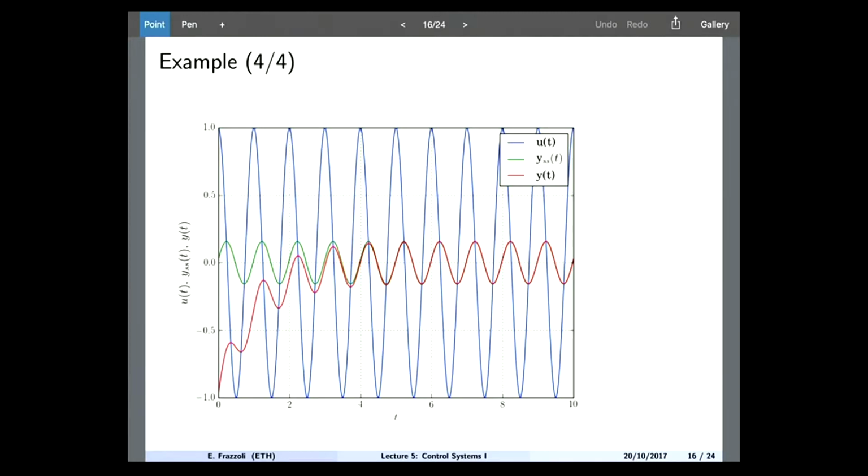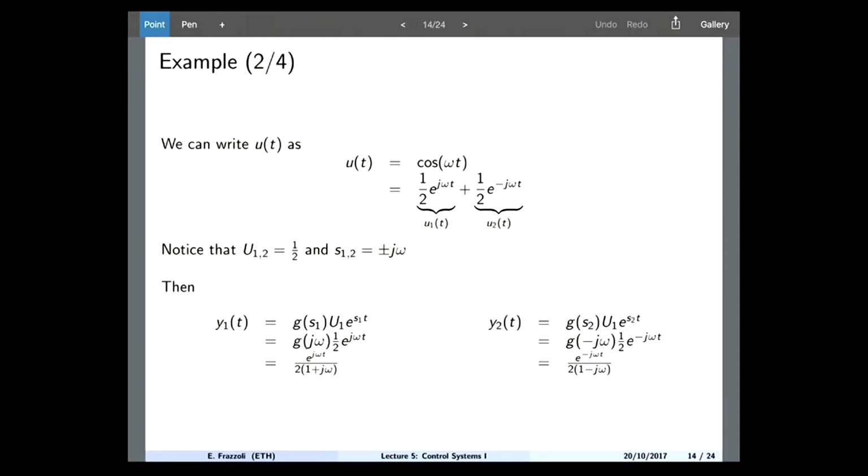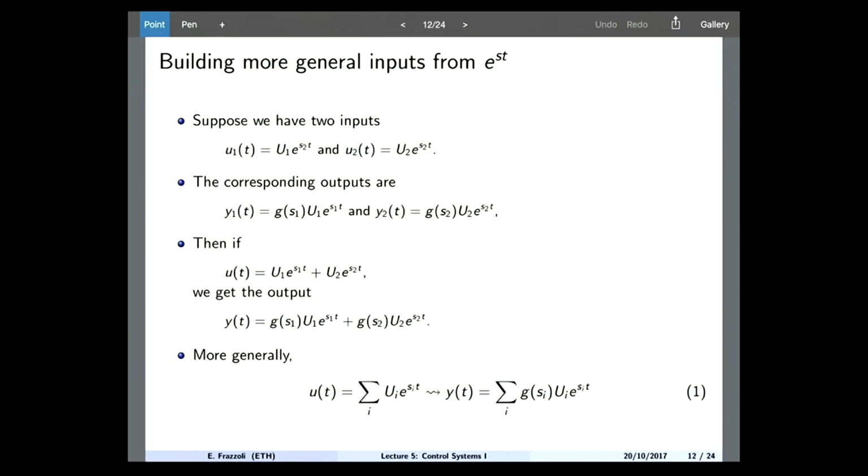And as you see, eventually the steady state response will be a sinusoid that is scaled down, right? And whose phase is about 90 degrees. You have like a 90-degree phase delay with respect to the input. Okay? This is just one example, for a particular choice of input and system.